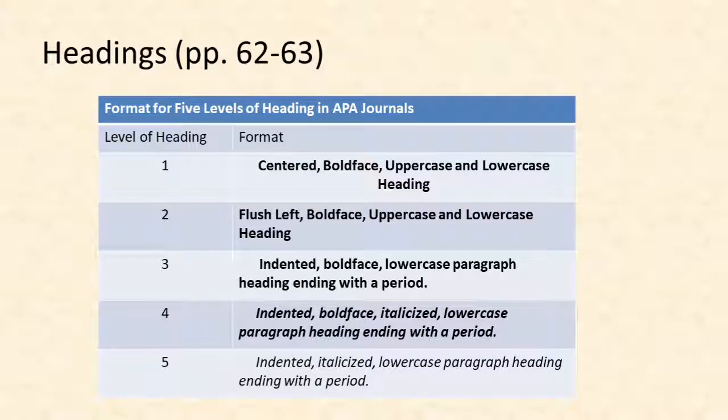To accomplish this, the APA manual has included 5 levels of heading, and we'll talk about each one as we go. Each heading indicates how that section of the document relates to the previous section. Most Level 1 headings are used for major portions of the document: the lit review, the methods, the results, the discussion and conclusion. But Level 2 and Level 3 headings talk about those subpoints and how those relate to those major sections.